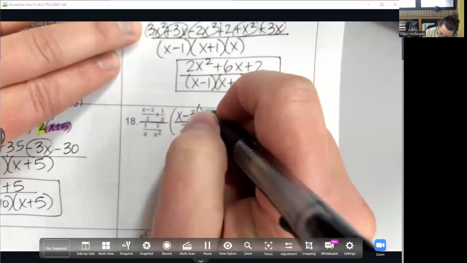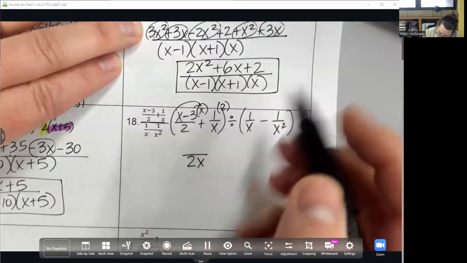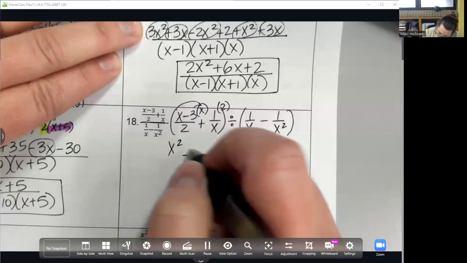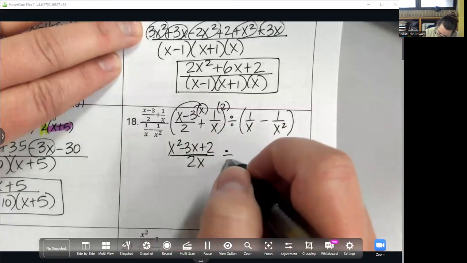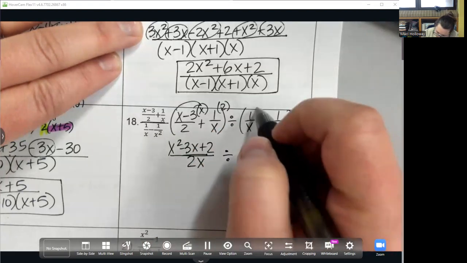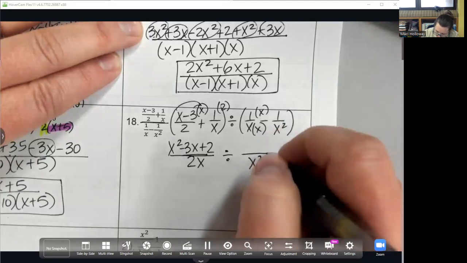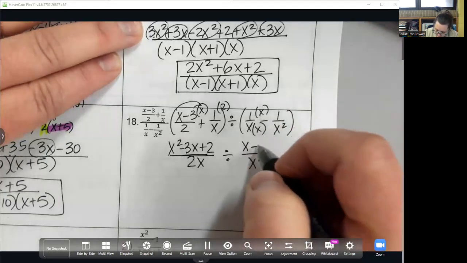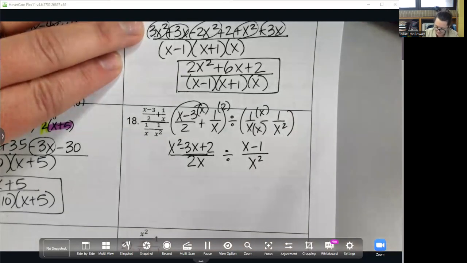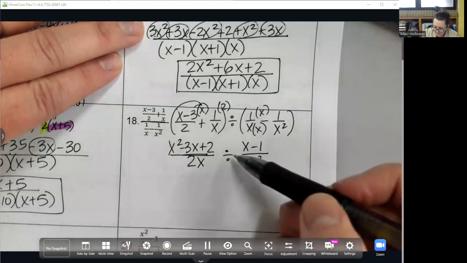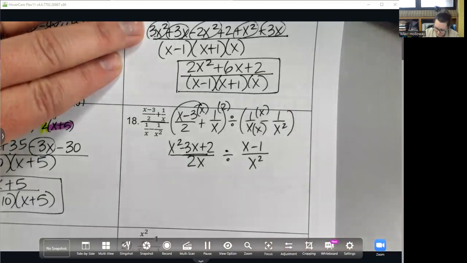This guy needs an x. This guy needs a 2. So distribute our x here. We have x squared minus 3x plus 2. And this is divided by, all we need is an x over here, because our common denominator is x squared. So we have an x minus 1. All right, we're going to combine our, oh, we don't have any like terms there. They're all different. Our next step is if we're dividing fractions, we're going to flip and multiply, right?